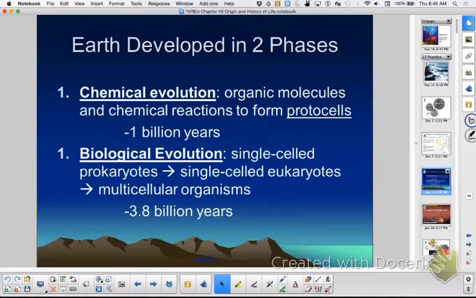And then biological evolution is abiogenesis. Let's break that down. Abiogenesis. Genesis means what? Yeah, creation or beginning. And then abio means without what? Life.